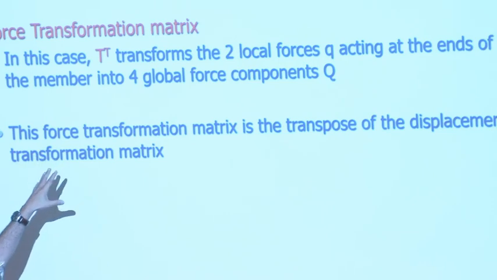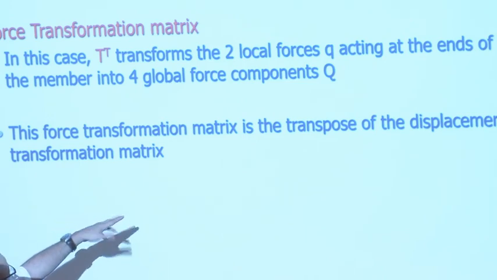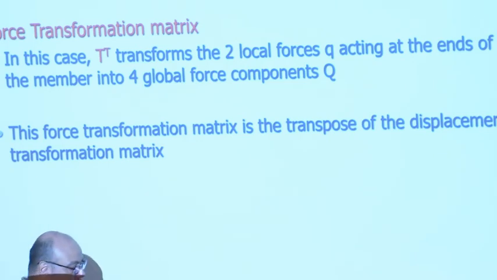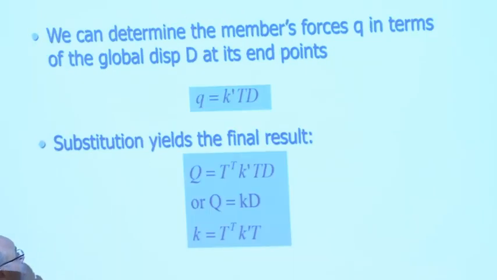We just need to keep in mind that the force transformation matrix, the transpose that we had earlier, is basically 4 by 2 versus the first one was 2 by 4.